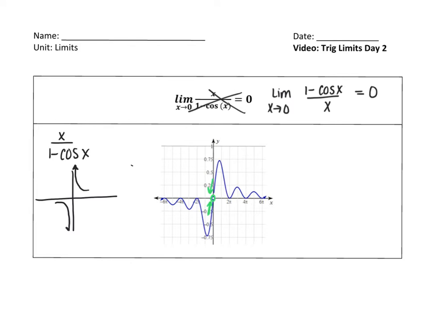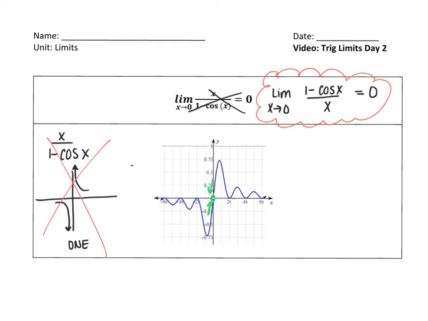And as x approaches 0 from the left, it actually goes down. So technically, this limit does not exist. So that's why we can't flip it like we did with the sine one. So this is the only one that we can use: the limit as x approaches 0 of 1 minus cos x over x. So this one doesn't work.